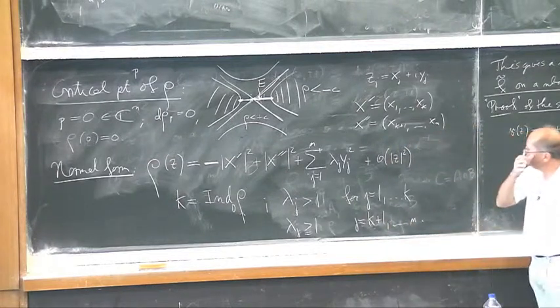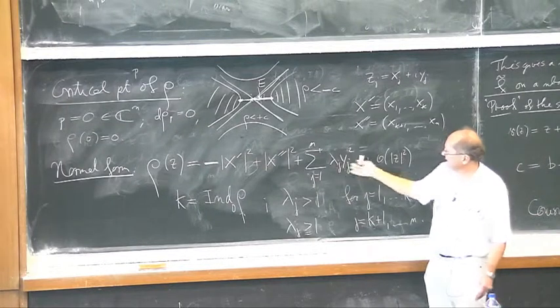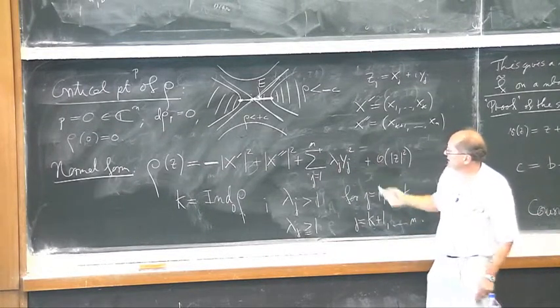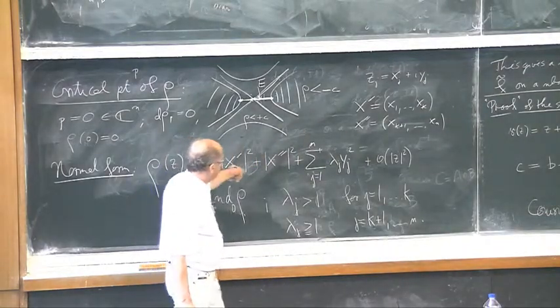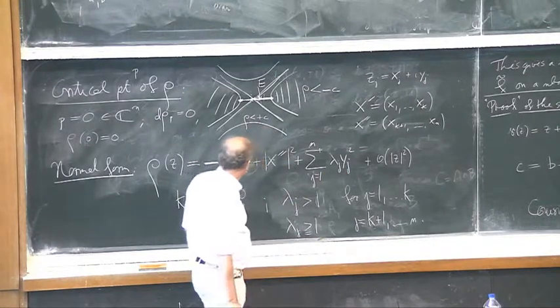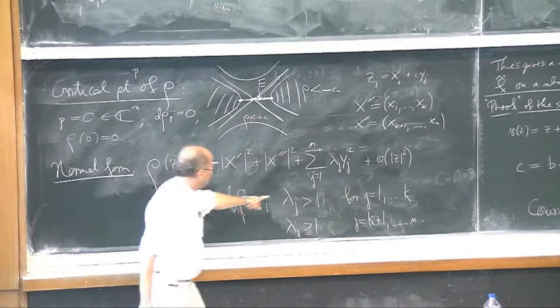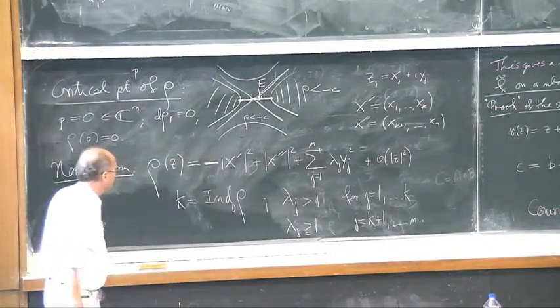And this has to be so, because if you calculate the Hessian, you see that it's essentially just, we have a decoupled equation, so it's just Laplacians in individual complex variables. And if you calculate the Laplacian of minus x squared plus lambda y squared, you get 2 times lambda minus 1. So lambda has to be bigger than 1 in order for the Laplacian to be positive.